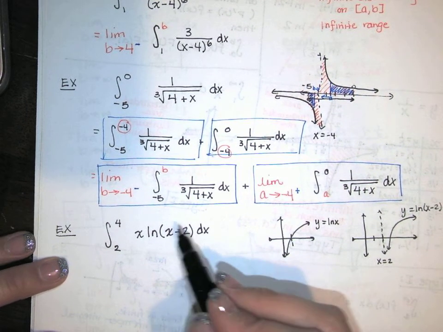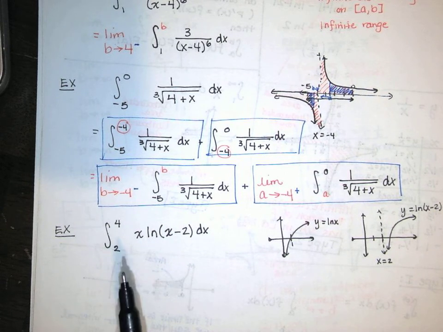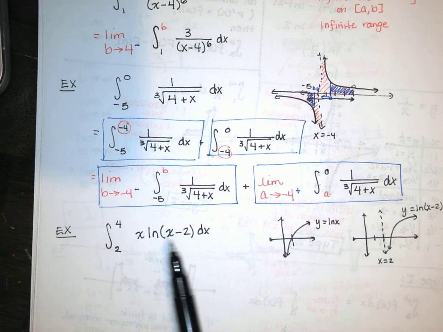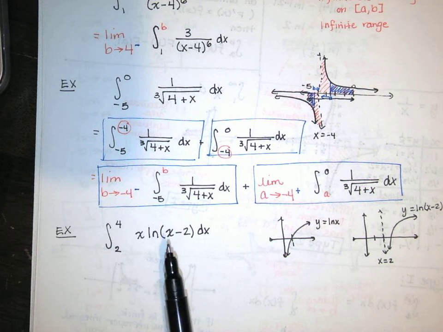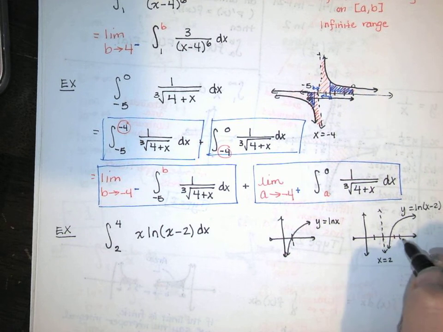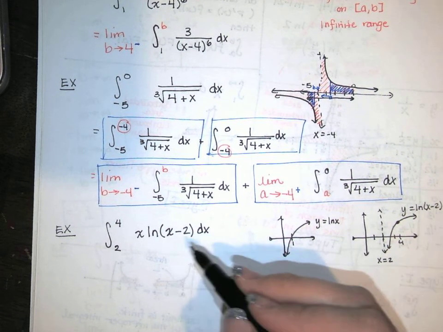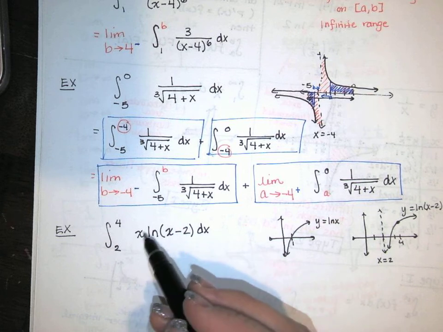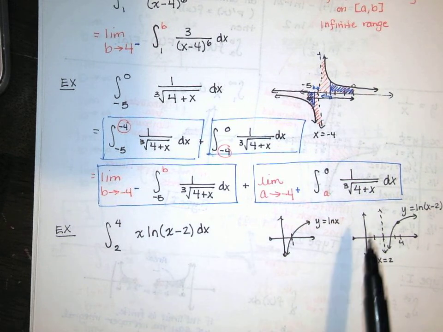And taking that and multiplying by x, that's going to change it some. We could use Desmos.com or GeoGebra or your graphing calculator to figure out what this function looks like. But I know I can't plug in 2 to this. I'm okay to plug in 4. 4 is over here. The function's just natural log of 4 minus 2, it's natural log of 2 times a 4 there. So everything is going to be fine at 4.